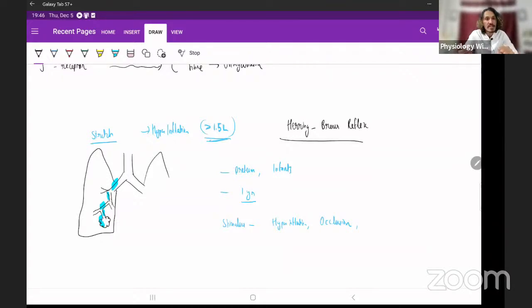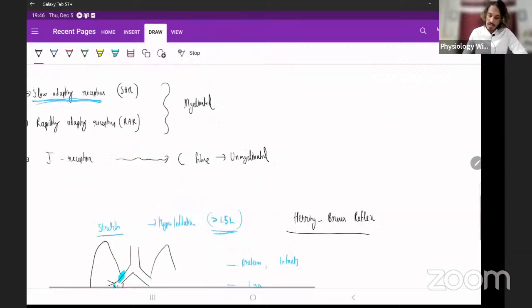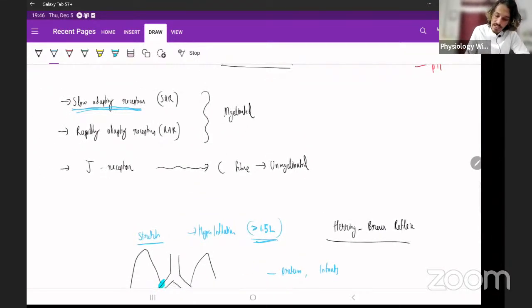So it is essential that when sudden deflation is happening, you do not reach that level. It needs to be stopped before that. So a sudden deflation will result in an inspiratory drive. That is the reverse of Hering-Breuer. So that is two things: sudden deflation, sudden inflation, and how the Hering-Breuer reflex is happening over here. Now, the second type is the rapidly adapting.